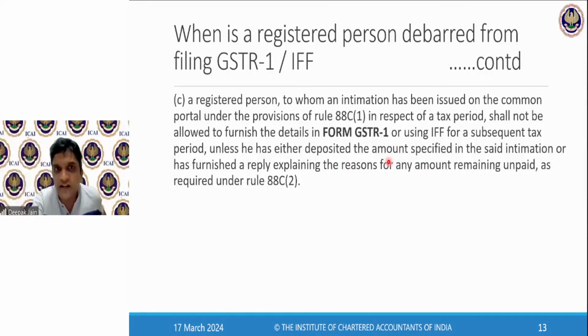What 88C is will come, but understand for now, if I get a notice under 88C, then if there are some taxes, I should agree to that tax and pay it, or I should file a reply within 7 days. If I don't do either of these two, then I will be blocked from filing GSTR-1. ठीक है?